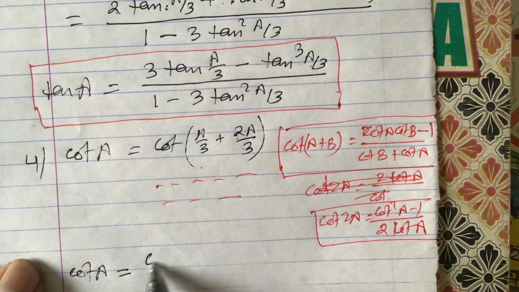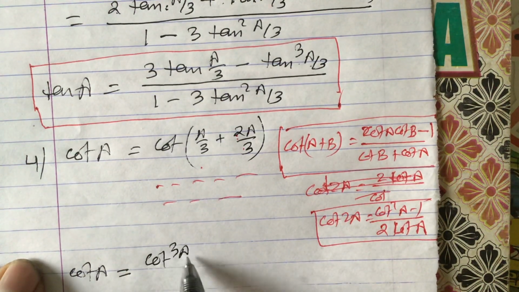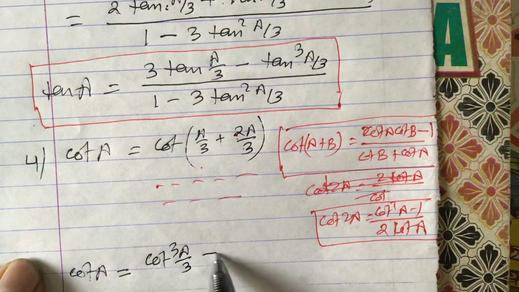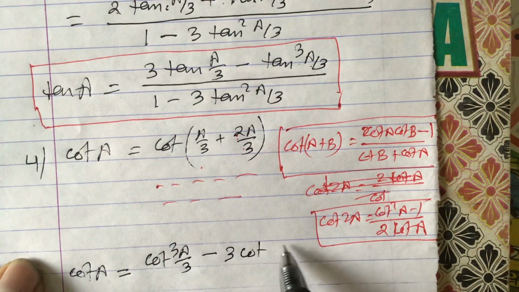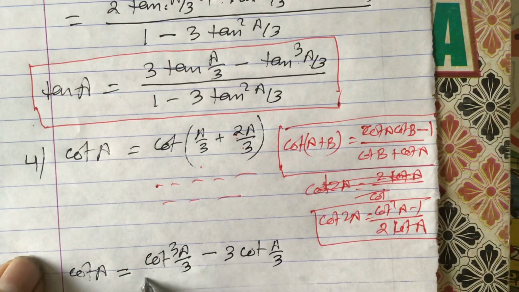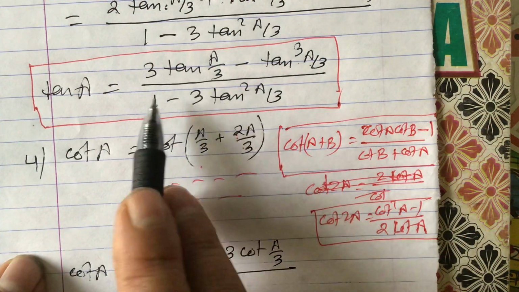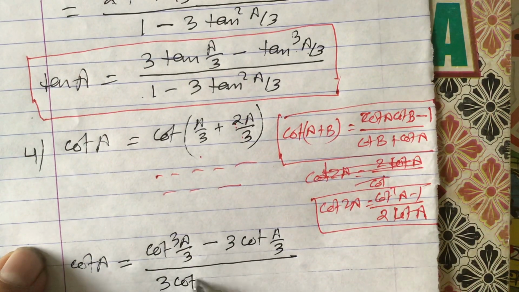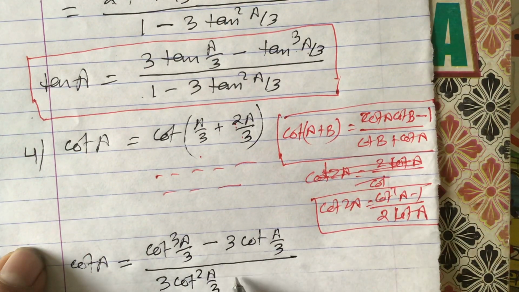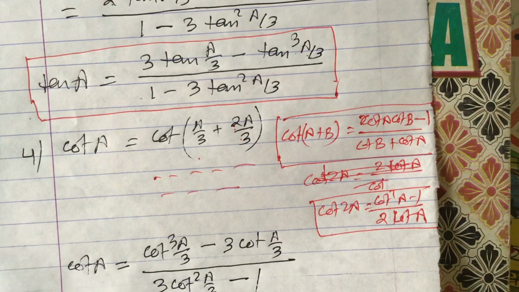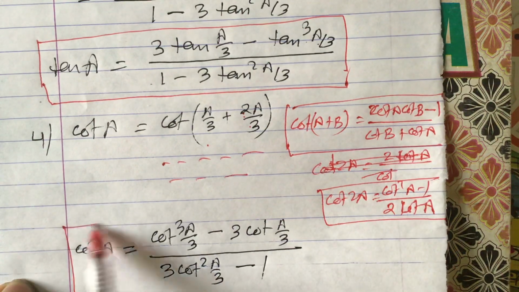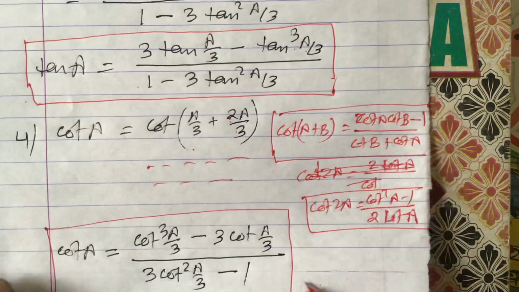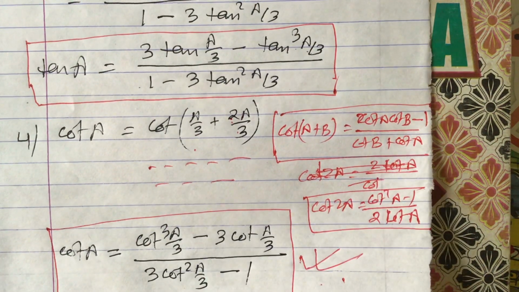So you will get like this, see, cot cube a by 3 minus 3 cot a by 3 divided by, here also the same thing, this will be in the front side, 1 will be in the back side. So 3 cot square a by 3 minus 1. This will be the formula for cot a in terms of a by 3. Okay, thank you for watching this video.